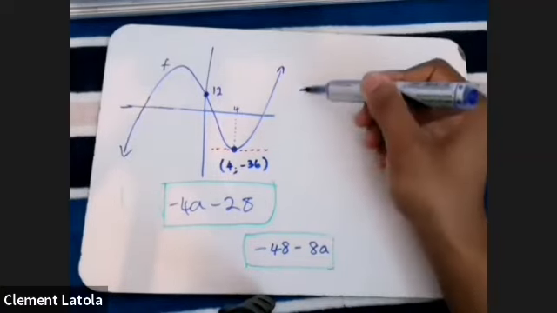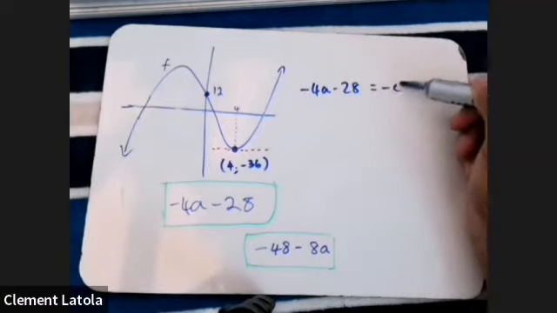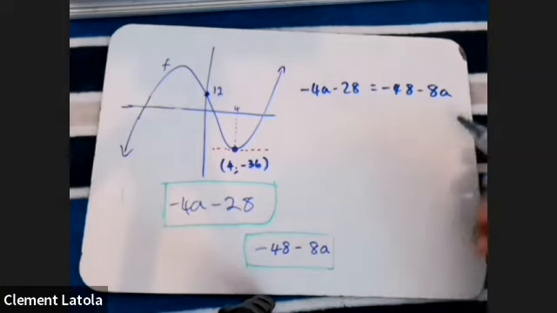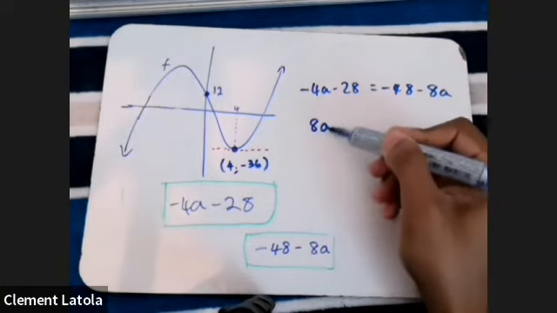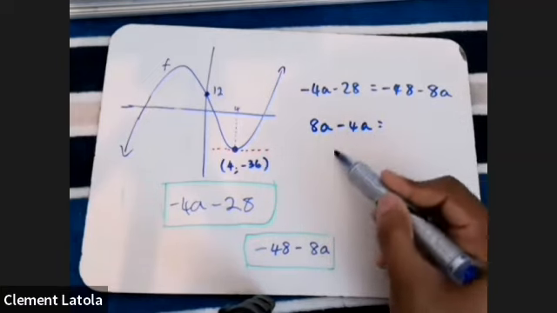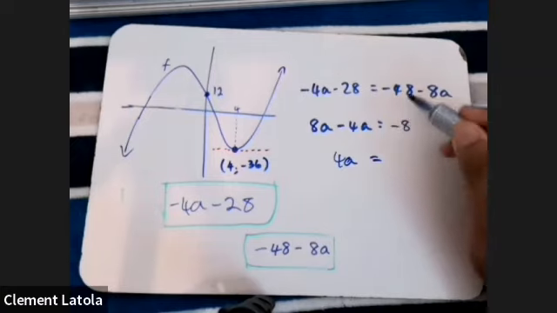Now I'm going to say minus 4a minus 28 equal to minus 48 minus 8a. Take the 8a across, it becomes positive. So now you have to minus it with this 4a. And then we take the 28 across.